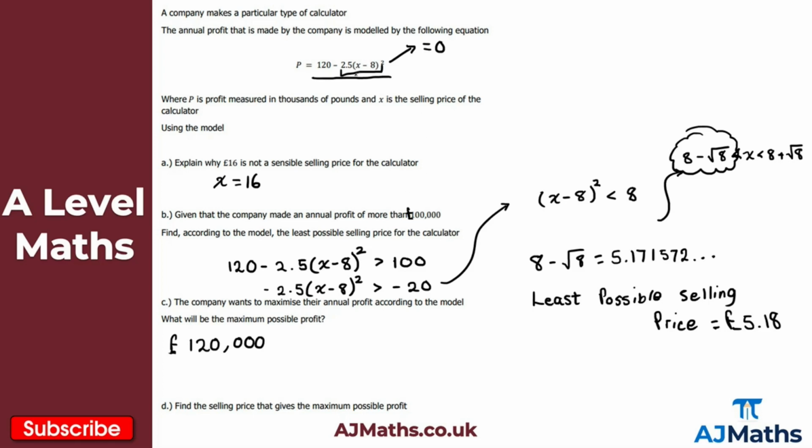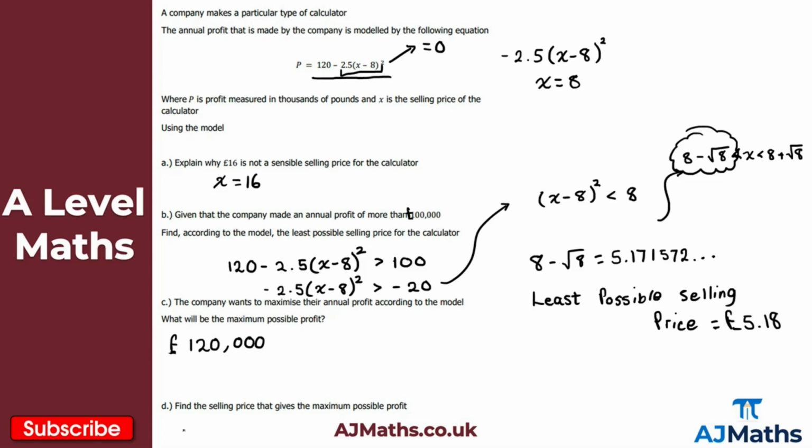So we're saying now, what do I need to set x equal to here to get 0? So minus 2.5 times x minus 8 all squared. How do I set this equal to 0? Well, we just need to make x equal to 8. If we make x equal to 8, then we get 8 minus 8, which is 0. 0 squared is 0, times that by minus 2.5, and again we just get 0.